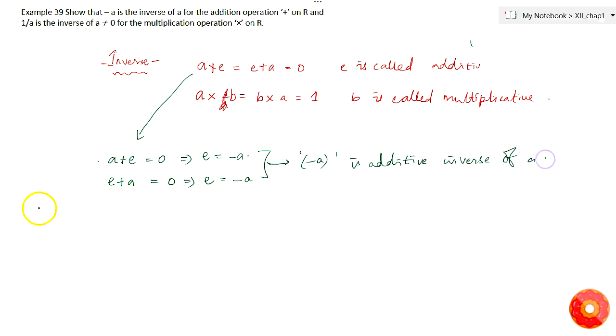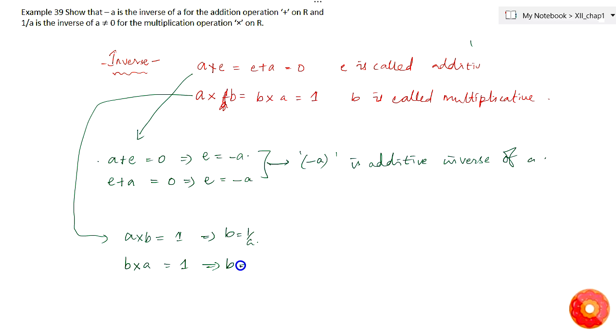Now let's check in the case of multiplication. According to the definition, a cross b must be equal to 1. That implies b equal to 1 by a. Similarly, from the other side, b cross a must be equal to 1.